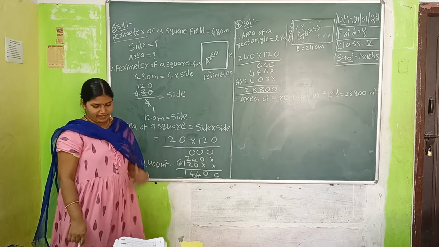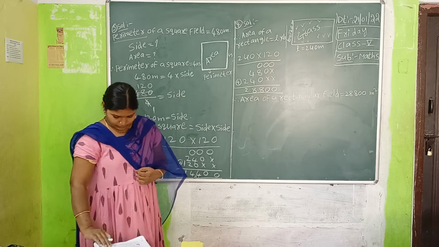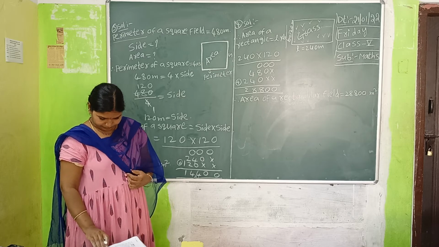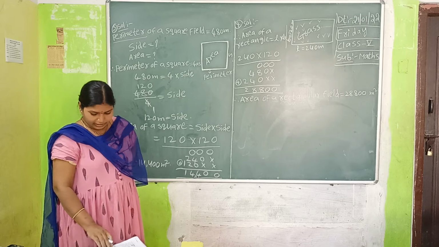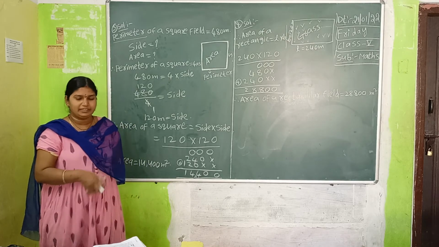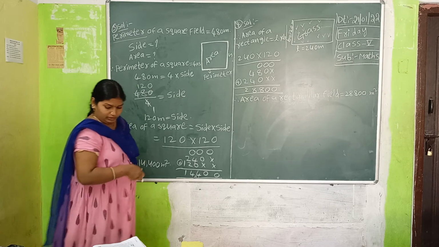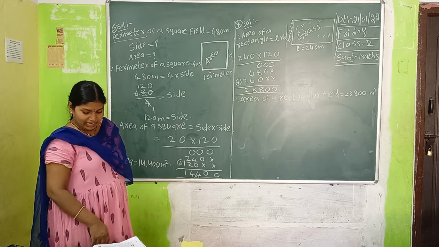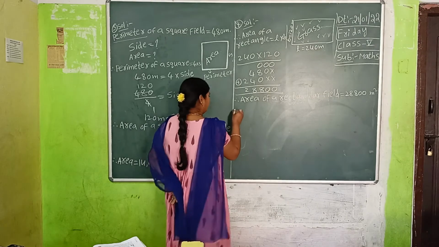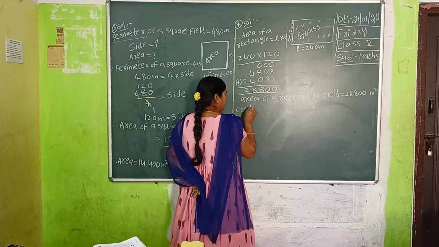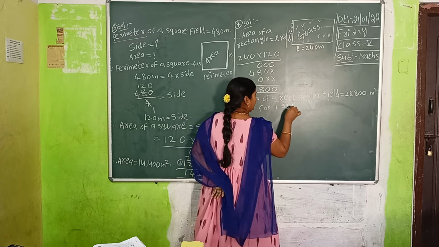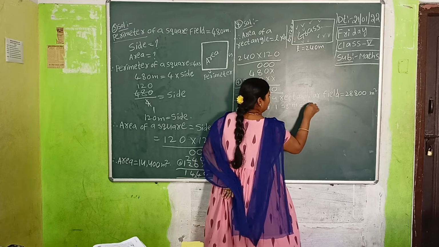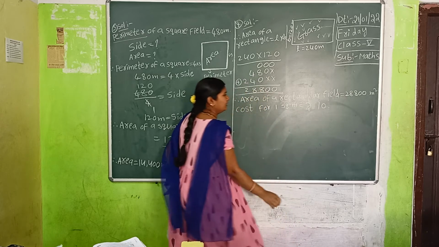28,800 meter square. Now, what are they asking? 10 rupees per square meter. Okay. What is the cost of mowing the grass? Cost for 1 square meter equal to rupees 10.